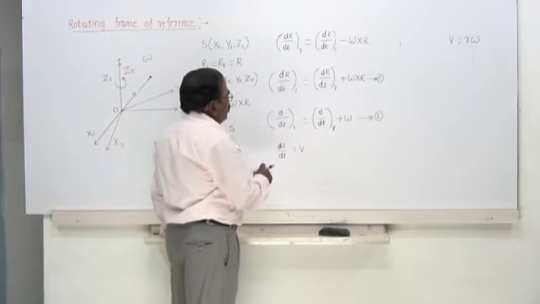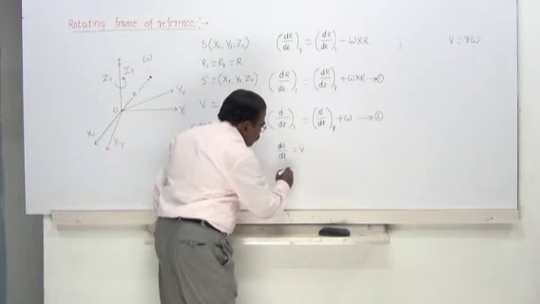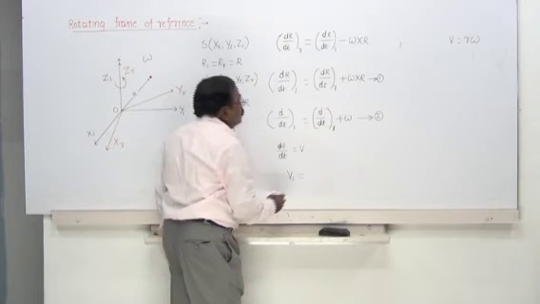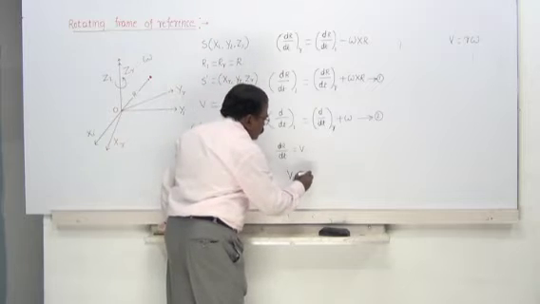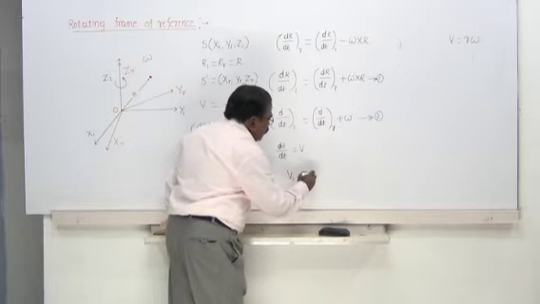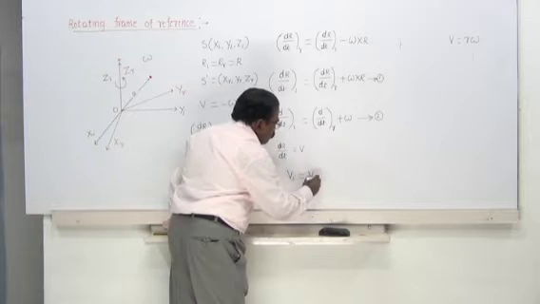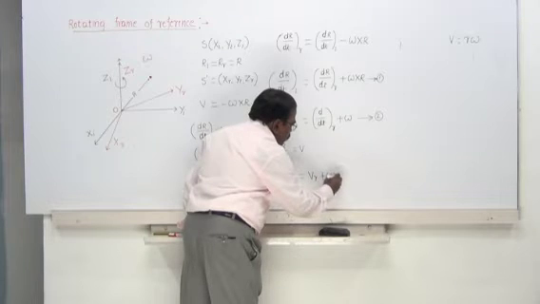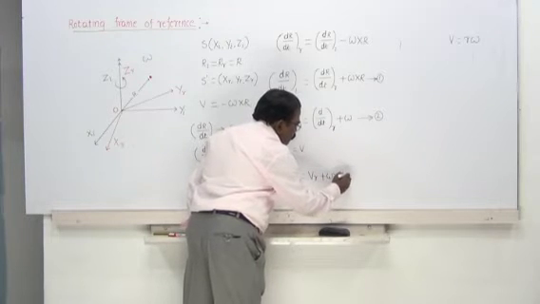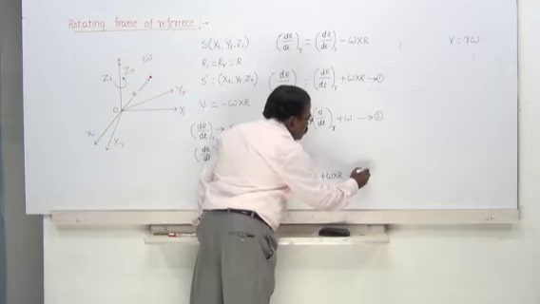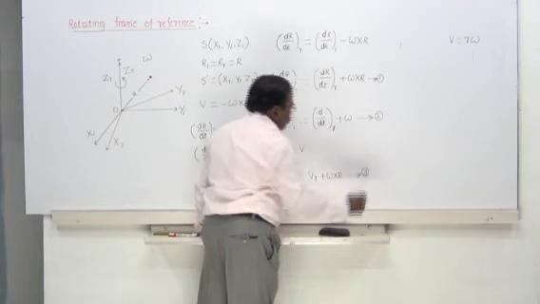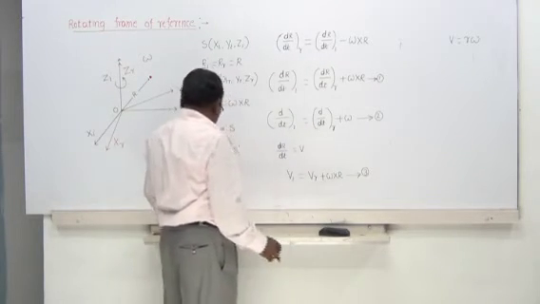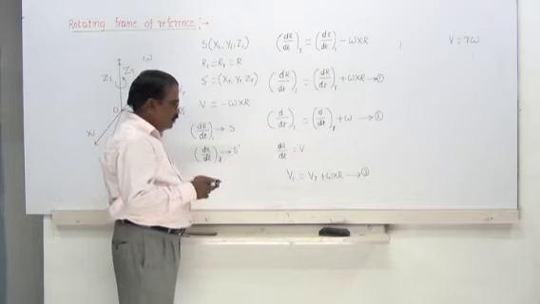Then equation 1 can be written as Vi is equal to Vr plus omega into r. Call this equation 3. After this I will repeat once again.